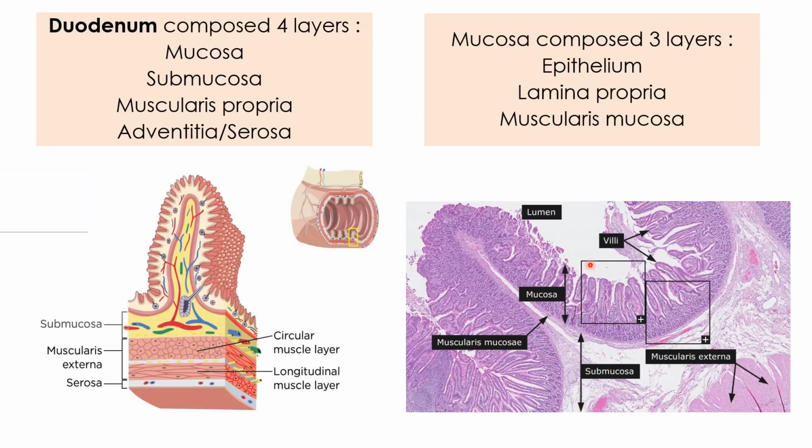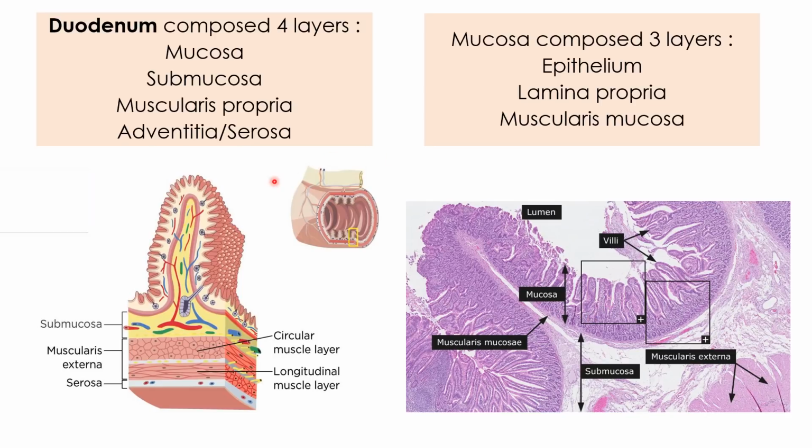If you focus only on this mucosa part, you can see it is composed of three more components: the epithelium, lamina propria, and muscularis mucosa. But for the slides that I showed just now, we only want to focus on the epithelium.